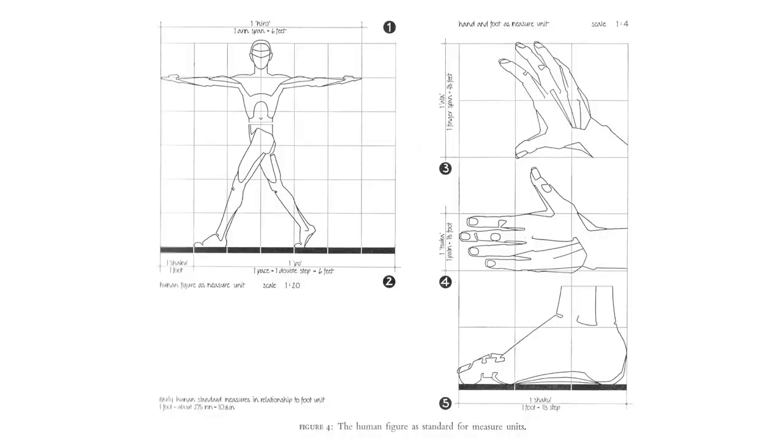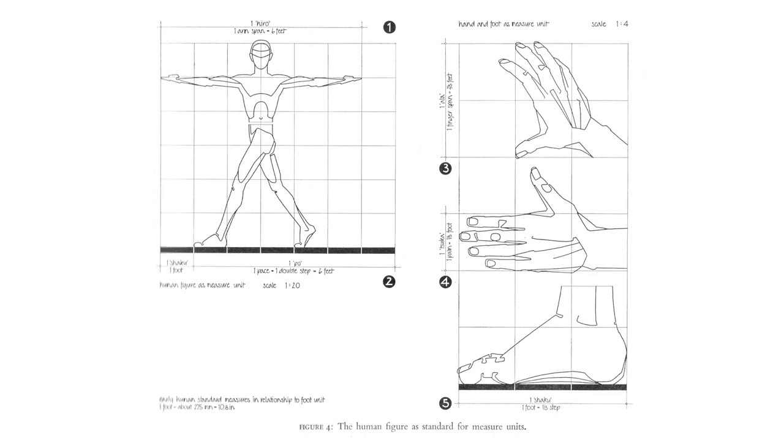Now, in the West we are not the only ones who measure with parts of your body, which makes a lot of sense. This is a drawing of the system of measurements in Japan. It's the traditional Japanese measurements, which, as you can see, are also derived from body parts.